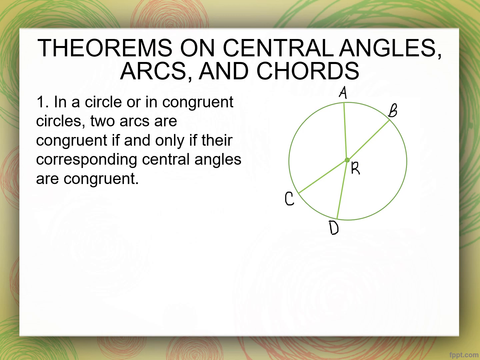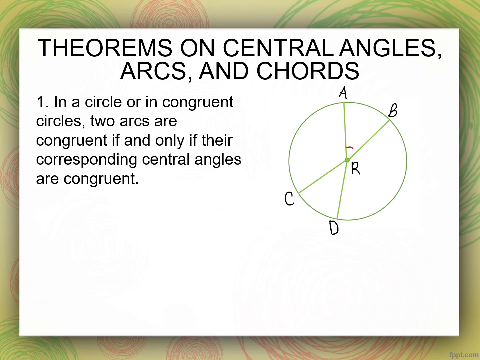Okay, so the first theorem says that if you have two central angles and they're congruent, then the corresponding arcs to it are also congruent. So looking at this circle here, we have two central angles here. We have angle ARB. Let's mark it.